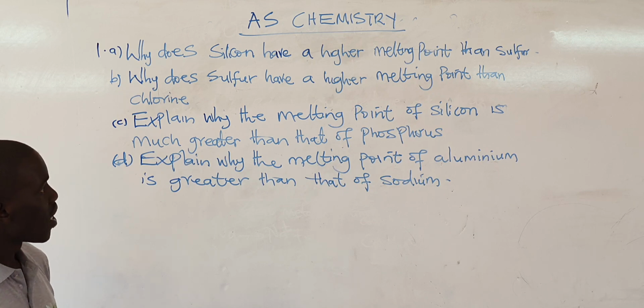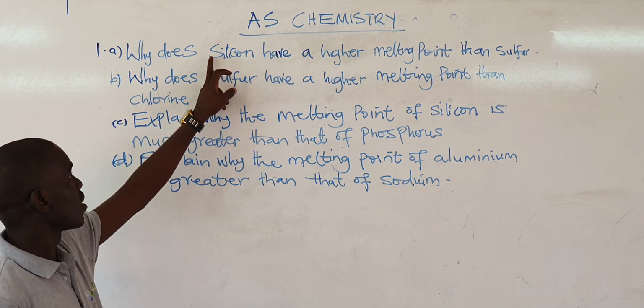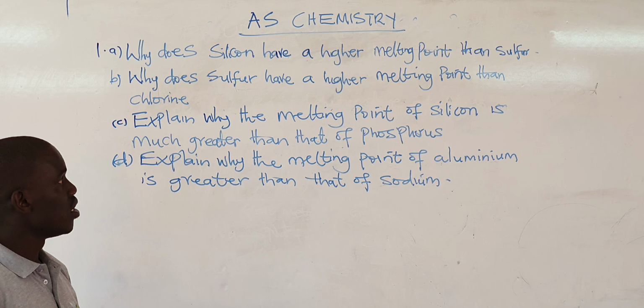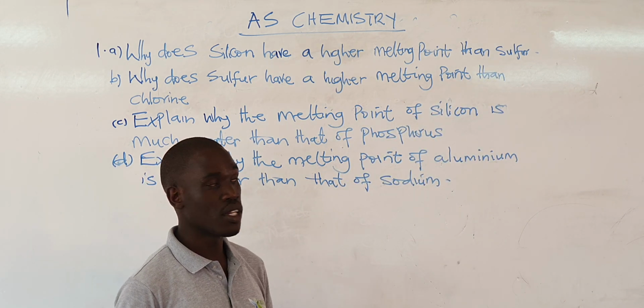Why does silicon have a higher melting point than sulfur? First of all, you have to look at the bonding in silicon. How is the bonding in silicon, and then how is the bonding in sulfur?